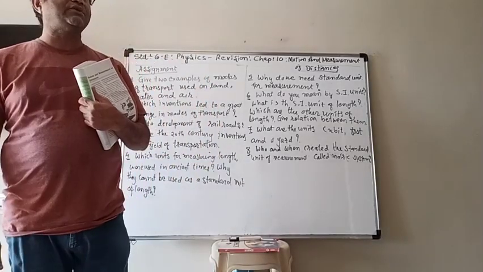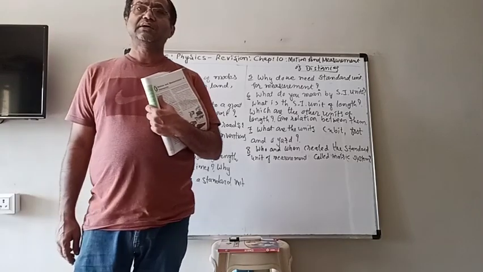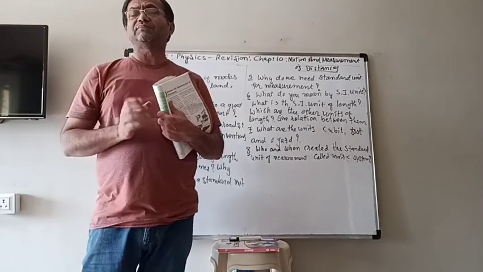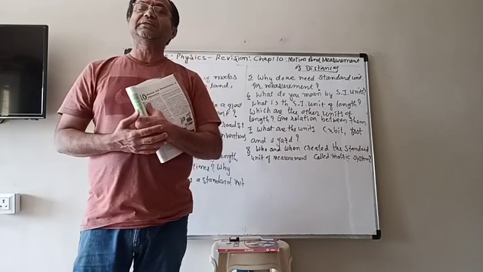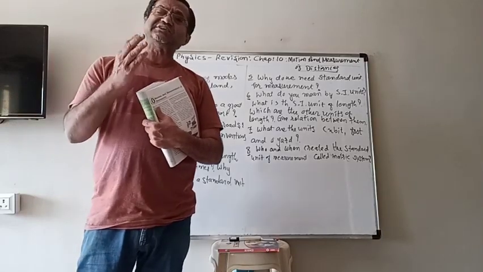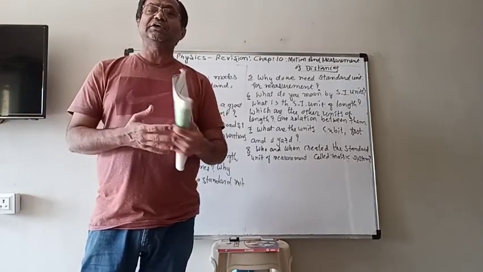That is the shape of the fish. Streamlined means from the front and from the back it is narrow, and in the middle it is broad, which facilitates swimming in the water.